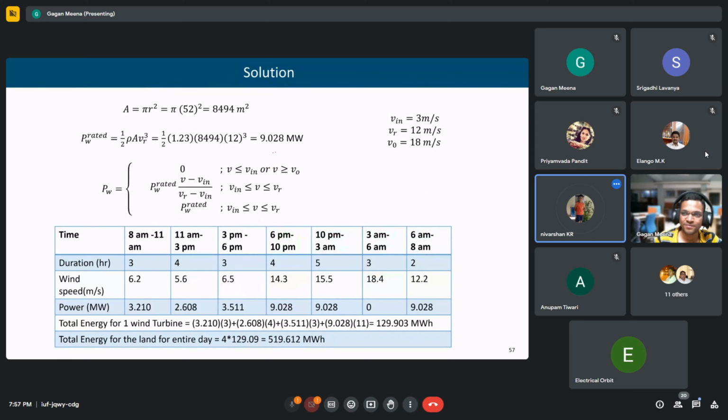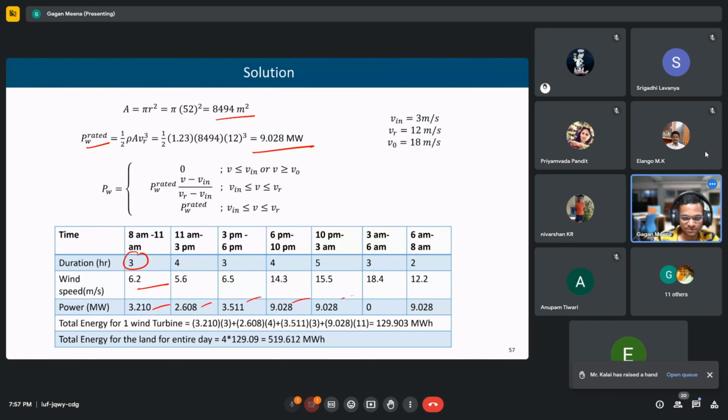So this is the area, this is the rated power, and for this duration, wind speed, power for each of these time spans, we have summed and multiplied by 4. Who has raised a hand? Okay, is this clear? Do you have any doubt in this question?